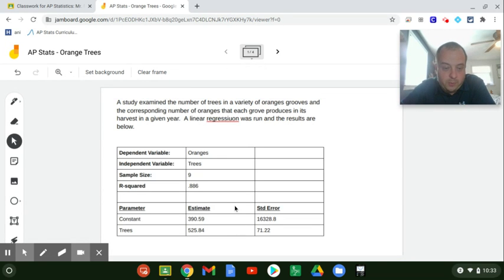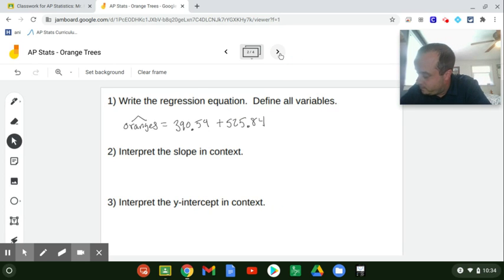We have our y-intercept, 390.59, and our slope, plus 525.84 times, right, the amount of trees that we have. All right, so oranges hat, the predicted amount of oranges, 390.59 plus 525.84 times the amount of trees that you have in your grove.